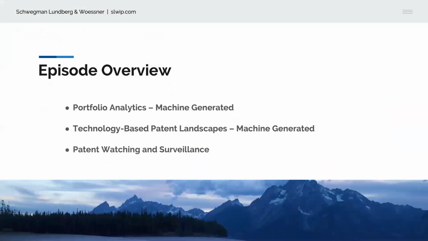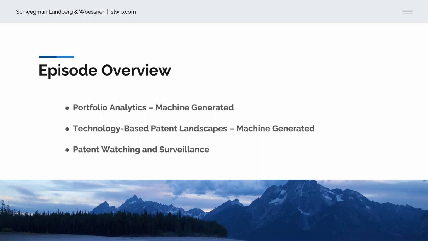We're going to look at 3 things today. We're going to talk about portfolio analytics, technology-based patent landscapes or analytics, and we're going to talk about patent watching and surveillance for a little bit at the end. Now, our focus today is on what I call machine-generated analytics. These are not hand-curated analytics.